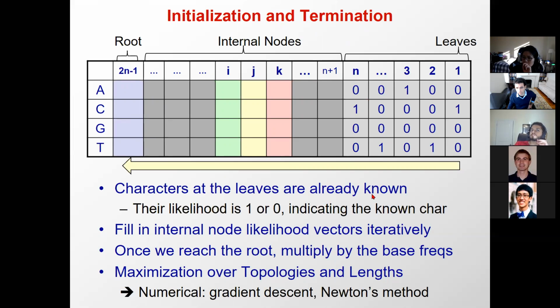The characters at the leaves are already known. The likelihoods are 1 or 0, indicating the known character. So what we do is that we fill in the internal node likelihood vectors iteratively, and when we reach the root, we just multiply by the base frequencies and then maximize over the topologies and the lengths. And that's where we basically do gradient descent or searching or Newton's method or anything else in order to basically search over this.